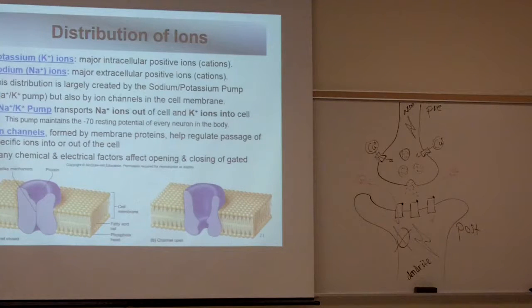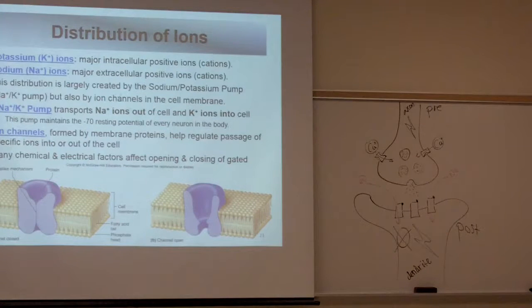So this specialized channel is called the sodium-potassium pump, and it constantly sends sodium out. I'm going to erase some of these other ones so that we can get a better look at the sodium-potassium pump, and then it pulls potassium in.